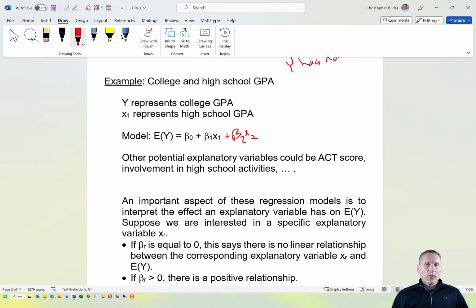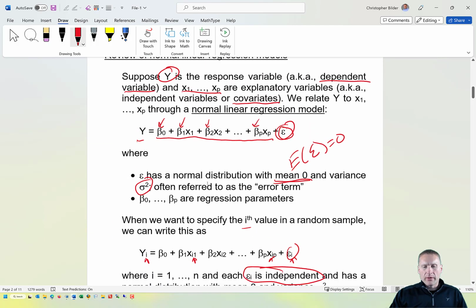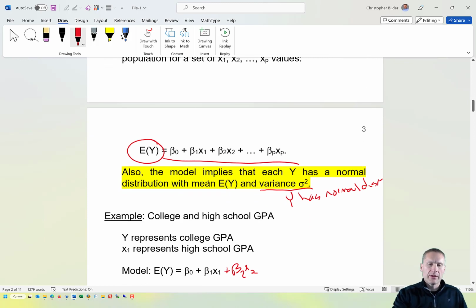Now, a very important aspect of any kind of normal linear regression model is to understand the effect that x1 or x2 has on what you would expect y, your response, to be. And so notice what happens if I come all the way, I guess we can use this one here. Let me just do a little bit of erasing.